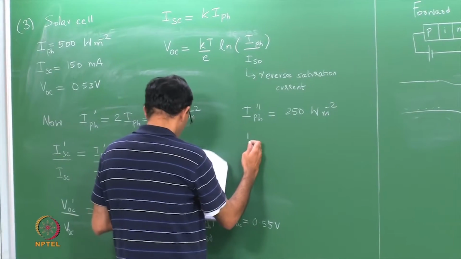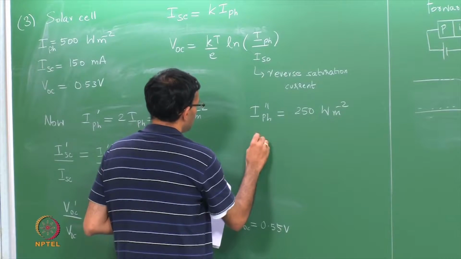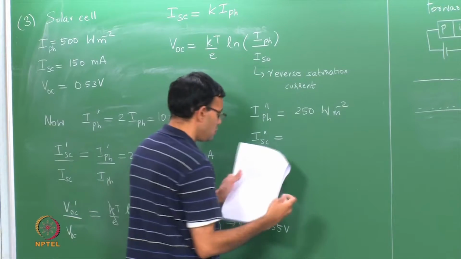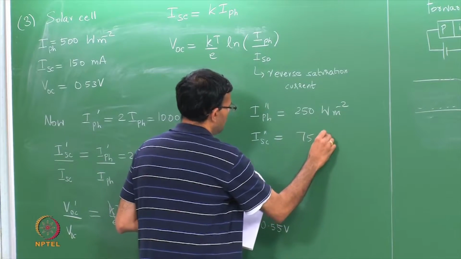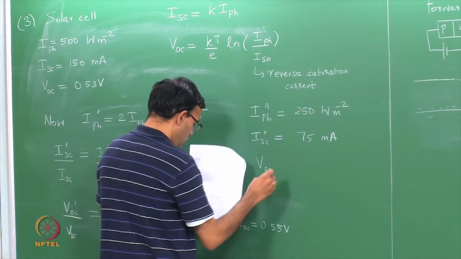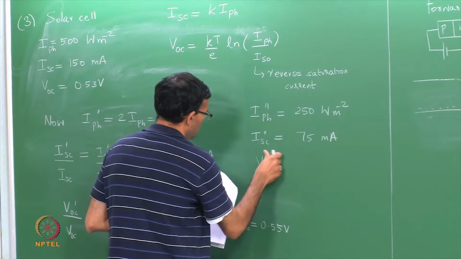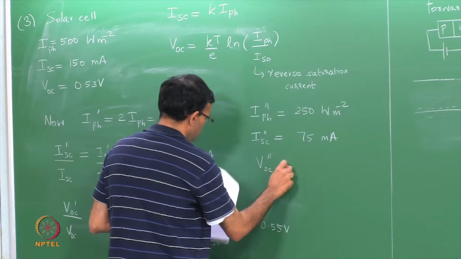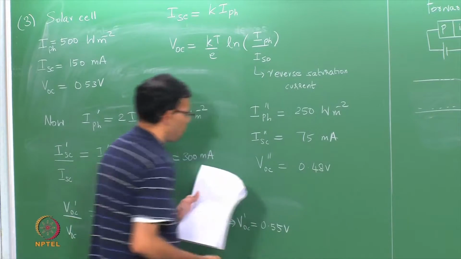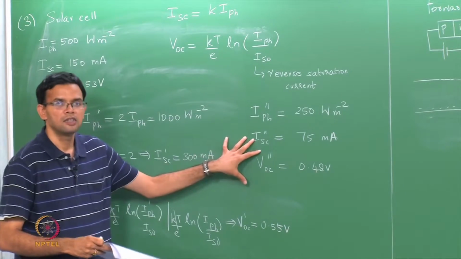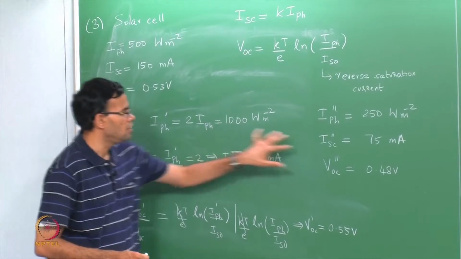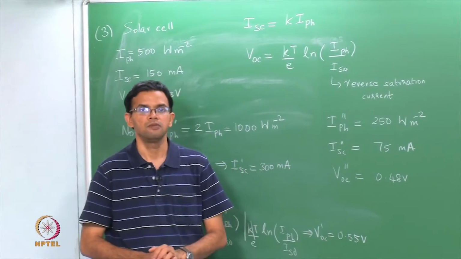So, the new short circuit current ISC double prime will also be half. So, this will be 75 milliamps and the new VOC, so, let me write this as double prime, is 0.48 volts. So, this we can get by following the same procedure where instead of having it as 1000 we now have it as 250.